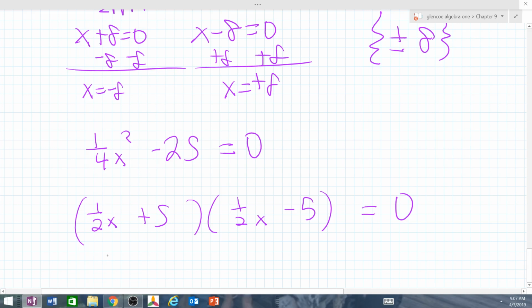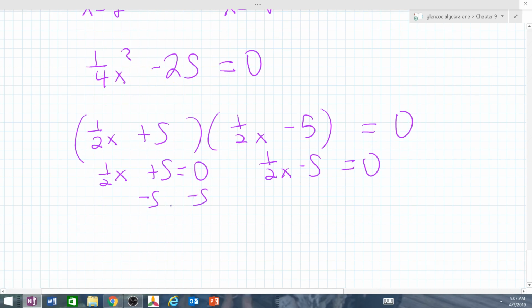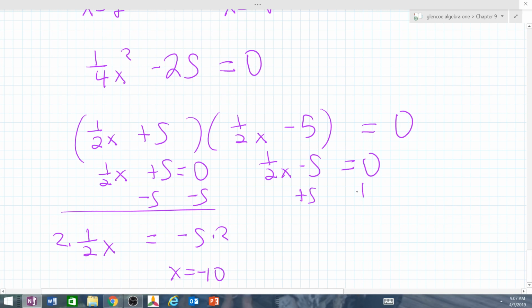And then we're going to take it and we're going to zipper it from here. Okay? So we subtract 5 and we get 1/2 x equals negative 5. Multiply each side by 2. So x is going to equal negative 10. And positive 10.